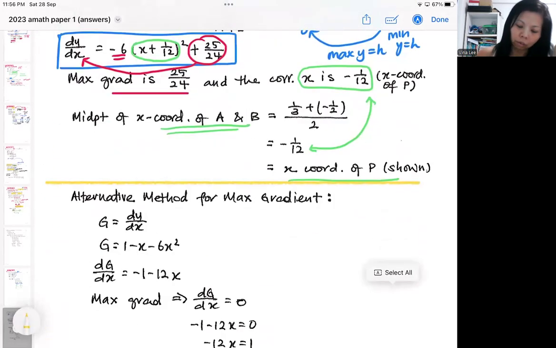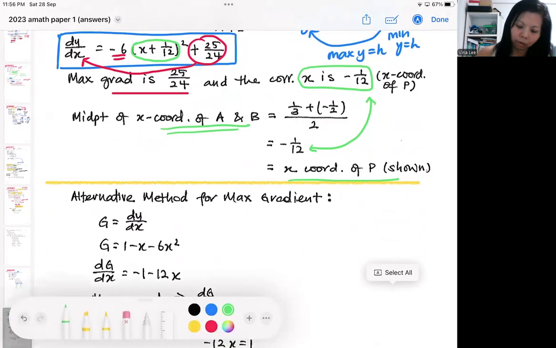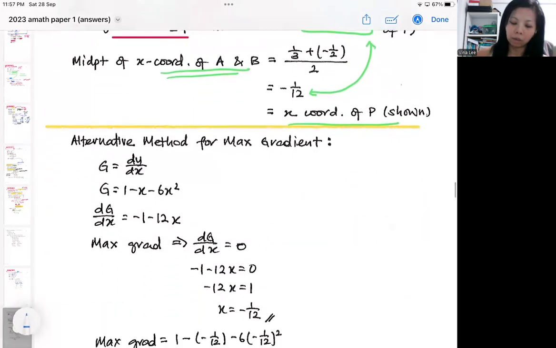So I'm going to label G as the gradient. Like we mentioned just now, gradient is measured by dy/dx, so this is the gradient function. G stands for gradient, just like A stands for area.